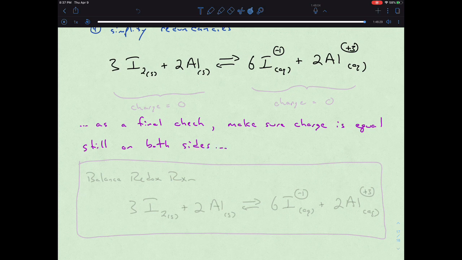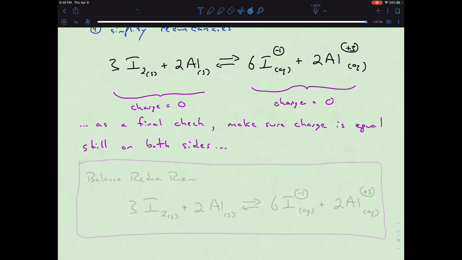So if we go back to that charge idea, we see that we have a charge equal to 0 on the starting material side. None of those molecules are charged. None of those elements are charged. If we look on the product side, we also have a charge equal to 0. We have 6 iodines, so -6. We have 2 aluminums that are +3, so +6. And so they cancel out to give us 0.